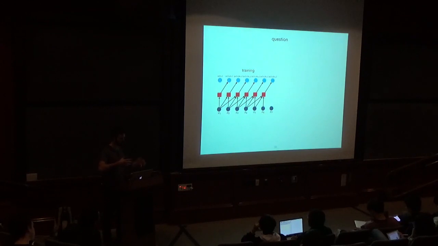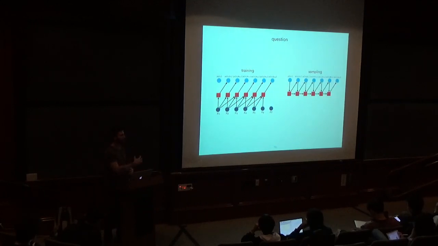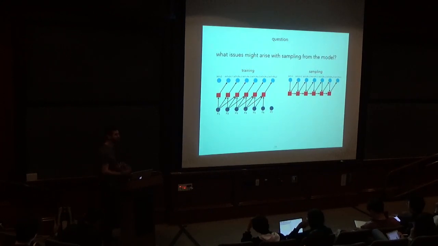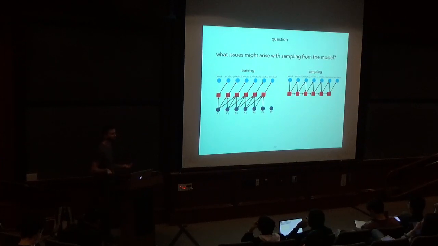And so let's do some thinking for 1 second. We have this training procedure that we talked about where each data example is fed into the model. And then we have this sampling procedure where you're feeding the output of the model back into itself. Take a few seconds to think: what issues might arise if we're sampling from the model? What could happen?